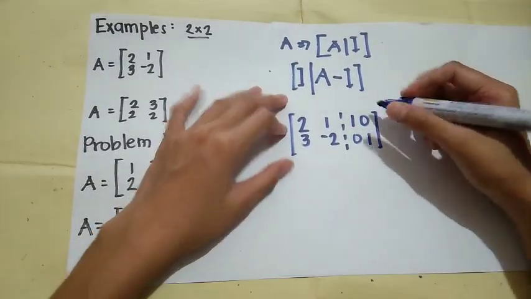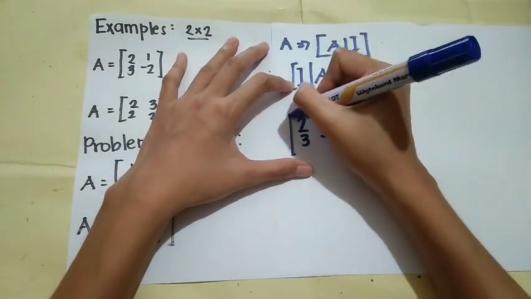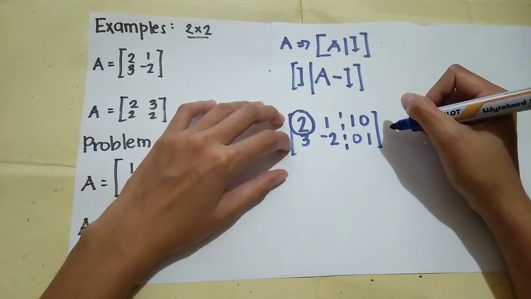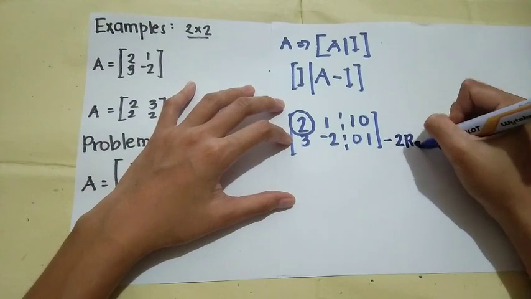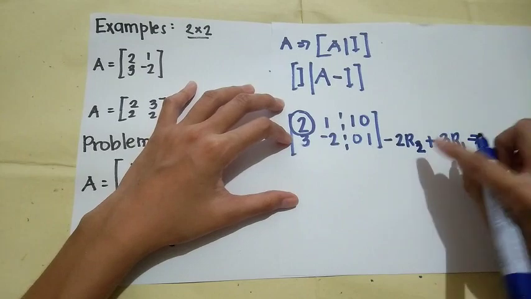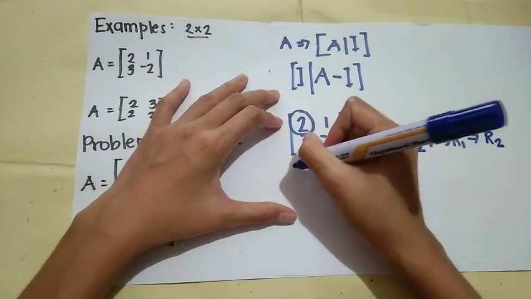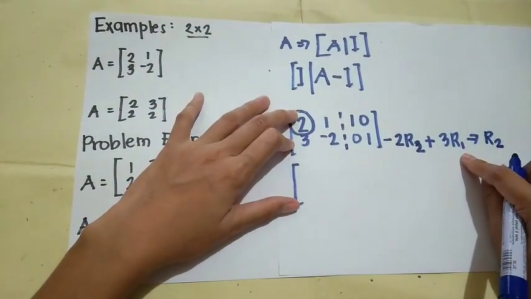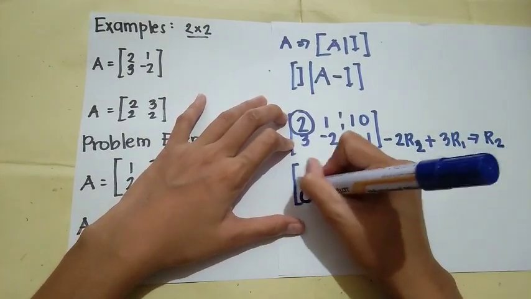So in performing this, we have to find the pivot first. The pivot here is 2. So we have to multiply by 2 into row 2, which is this one. So we have here 2 R2 plus 3 R1, I mean, because we don't have any row 3 here, R2 transforms to negative 2 R2, which is negative 6, plus 3 R1. So negative 6 plus 6, we have 0.